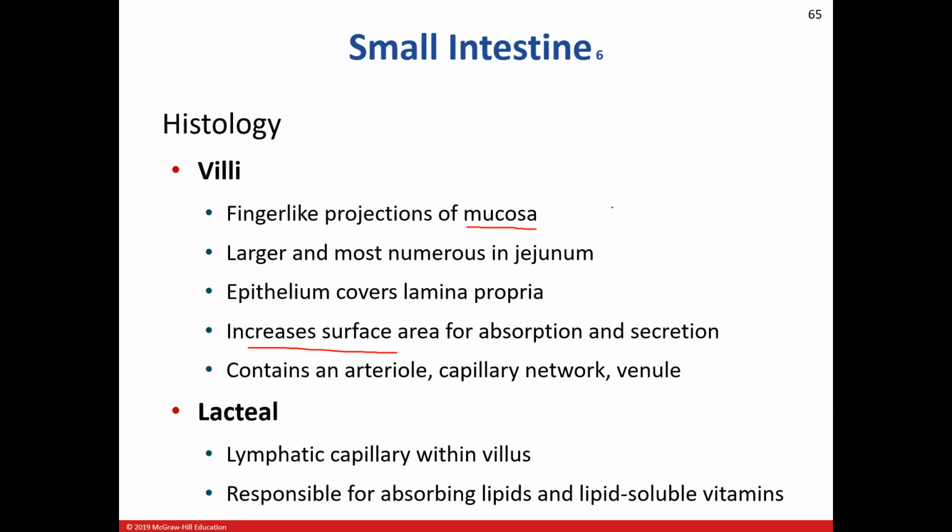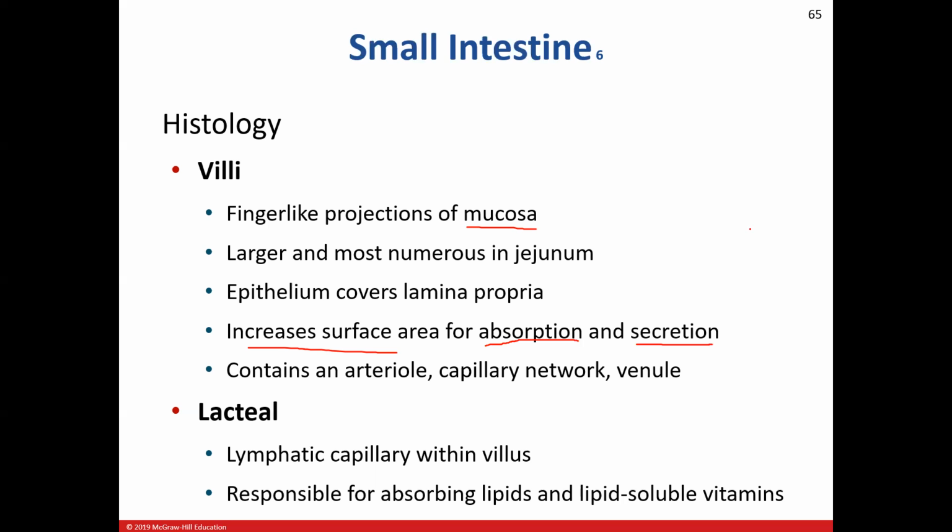And so when we're dealing with the digestive tract, we're going to be discussing absorption, obviously, because we're absorbing the nutrients from what we've just ingested, and secretion, because we're going to be secreting digestive enzymes. We're going to be secreting mucin.